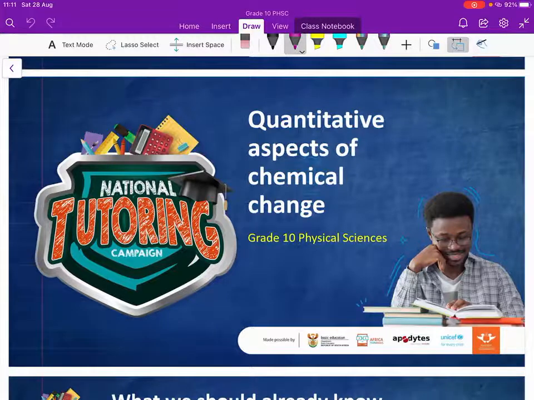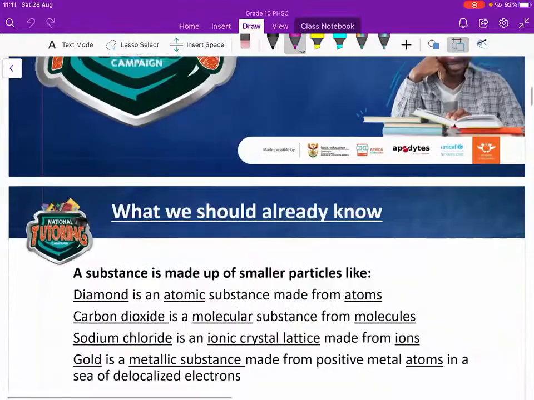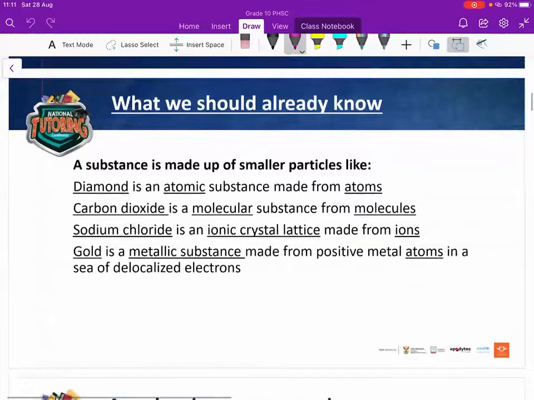So let's get going. I first of all want to touch on some things that you should already know from term 1 work. These are the substances that particles are made up of. And here are 4 examples, the main examples that you should know. Diamond is an atomic substance because it's made from atoms.